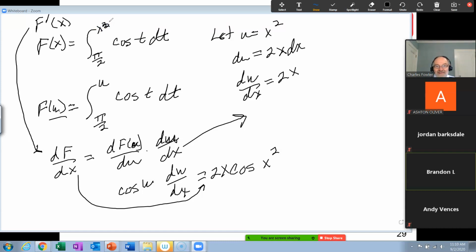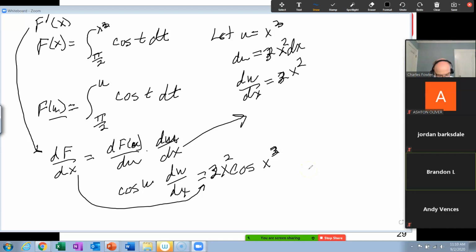So then everything changes here. This is x cubed. This is 3x squared. This is 3x squared, and this is x cubed. Okay, that's the answer. Sorry about that. Cosine x cubed times 3x squared.